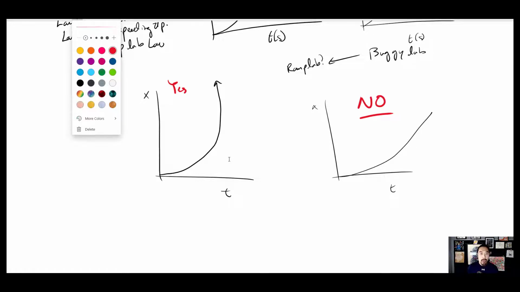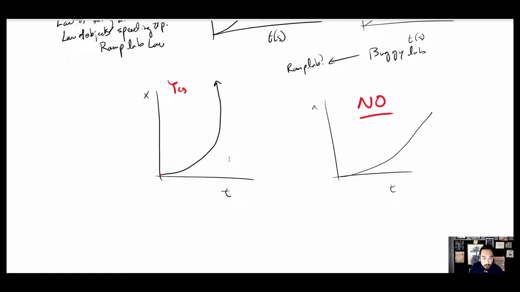Now, if I were to connect my initial point with my final point, let's say my final point is there, and I were to just draw a line connecting the 2 points, I will get a straight line. Now, what does this line look like?